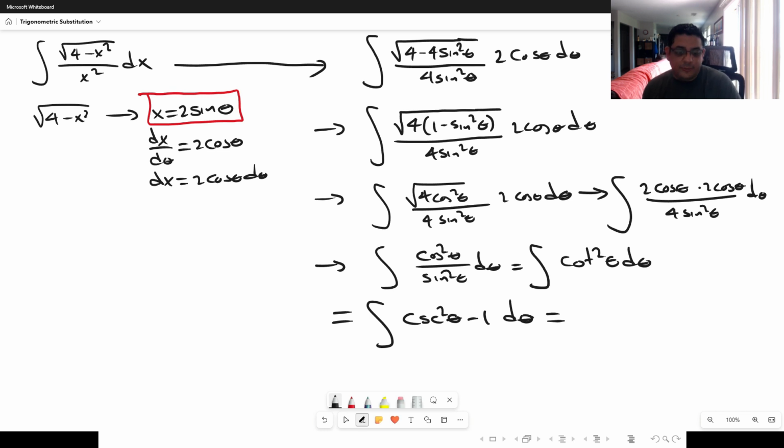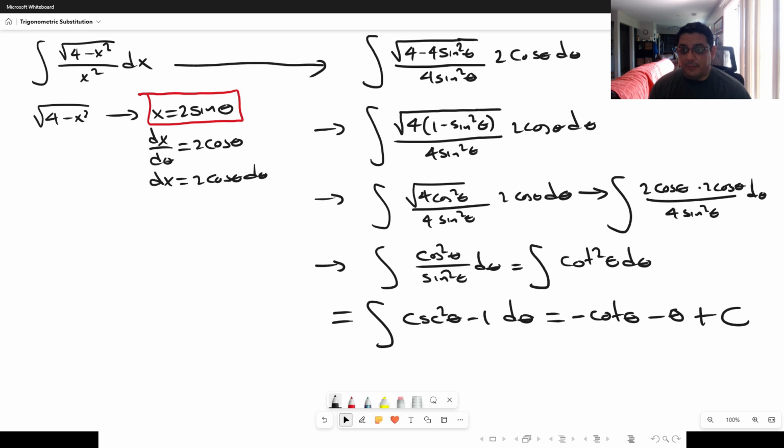So the derivative of cotangent is minus cosecant squared. So if we're integrating cosecant squared, I'm going to get minus cotangent of theta. And then if I integrate this minus 1, it's going to be minus theta here, plus a constant. Okay? And so that will be the integral of this.